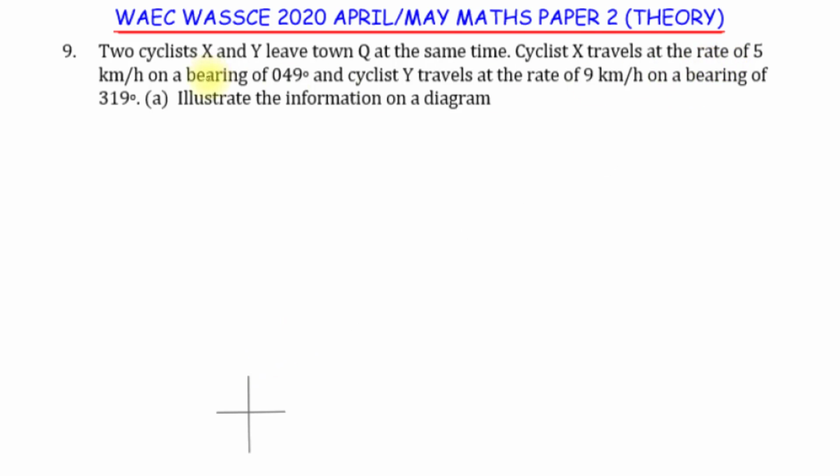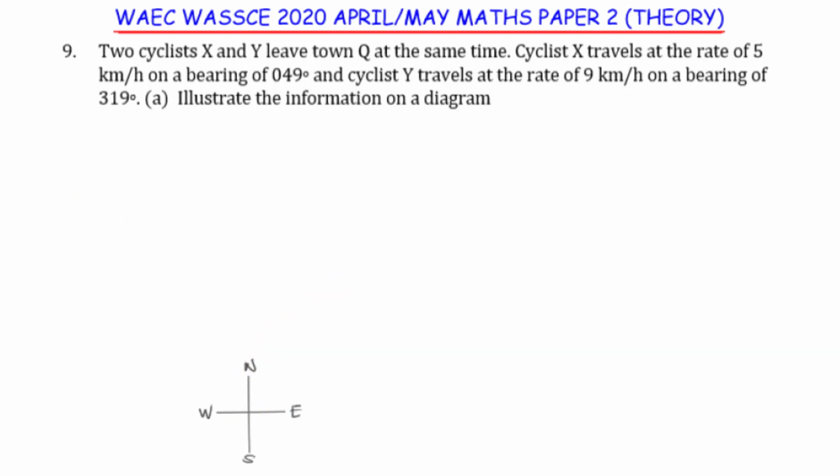To locate the bearing of 049 degrees, it is going to be between north and east, because normally we start taking bearing from the north and go in the clockwise direction. Between north and east is a right angle, which is 90, so 49 will be in this first quadrant.